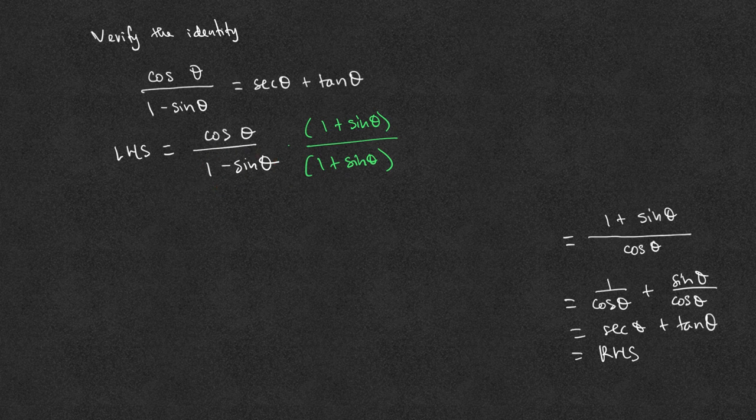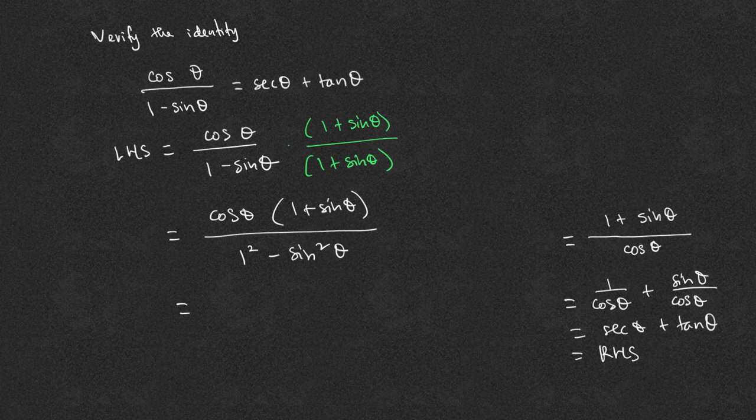And we don't just multiply the numerator only. This is the well-chosen one. And so this is now cosine of theta times 1 plus sine of theta over 1 squared minus sine squared theta. This is promising because we introduce 1 plus sine theta, which is the same numerator of what we tried to arrive at.